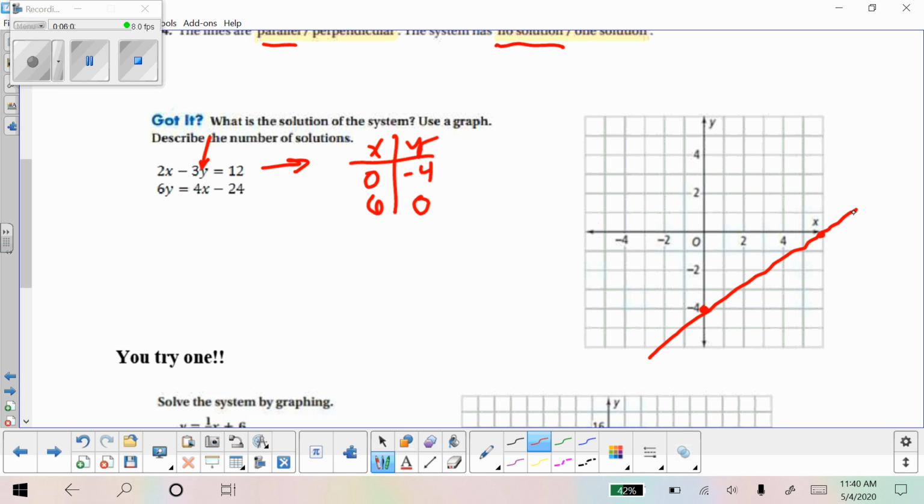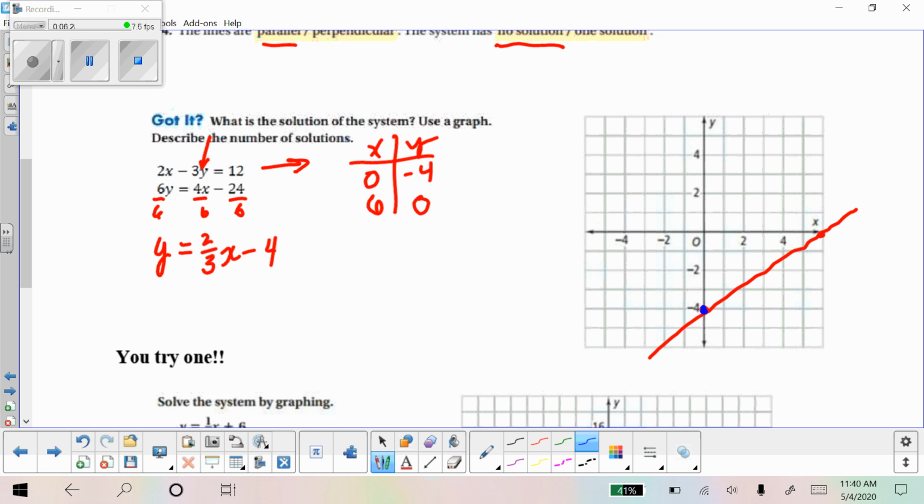Okay. Now this other equation, it's really close to slope-intercept form. I'm just going to divide everything by 6. And because it's a lot easier to graph when it's in slope-intercept form, I'm going to simplify that fraction 4/6 to 2/3. And 24 divided by 6 is 4. So the y-intercept is -4. Let me use a different color here.